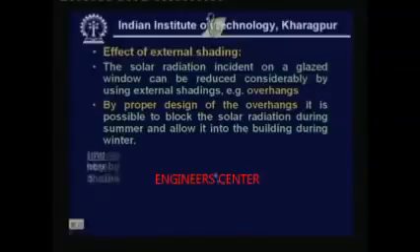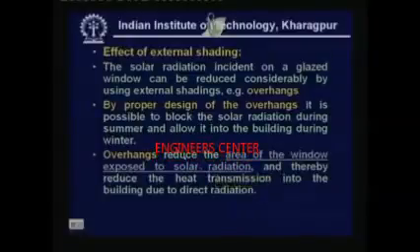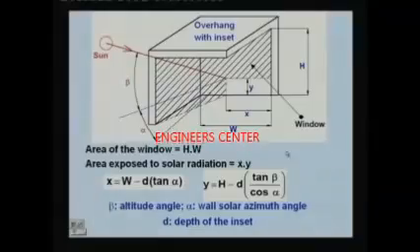Thereby you can reduce the cooling load and also the heating load. So what is the effect of overhangs? As we know, overhangs reduce the area of the window exposed to solar radiation and thereby reduce the heat transmission into the building due to direct radiation. Let me show this.